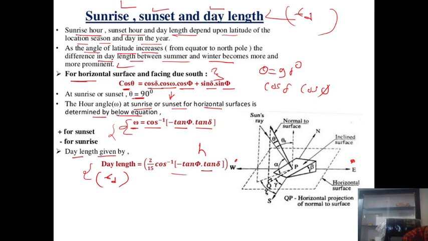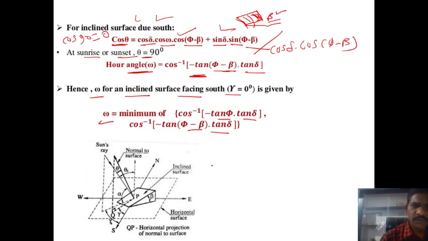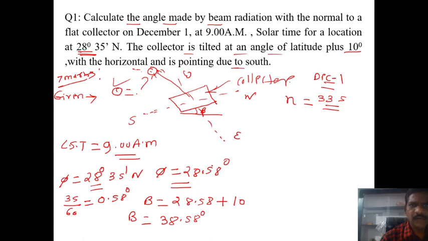Very easy problems, very interesting problems, and always asked in the exam. You should only know the formula very well. After you know the formula you can solve any problem, since only the values change, but the numerical or formula remains as it is.